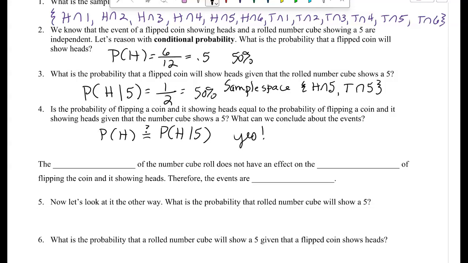Independent. So, if the outcome of the number cube roll does not have an effect on the probability of flipping the coin and it showing heads, the events are what? Independent.